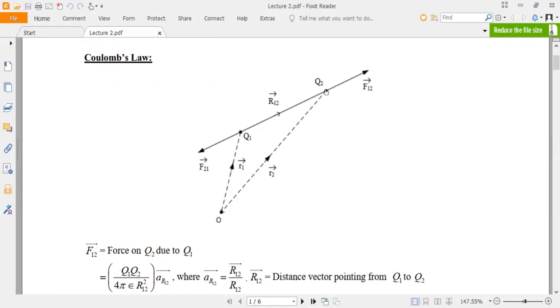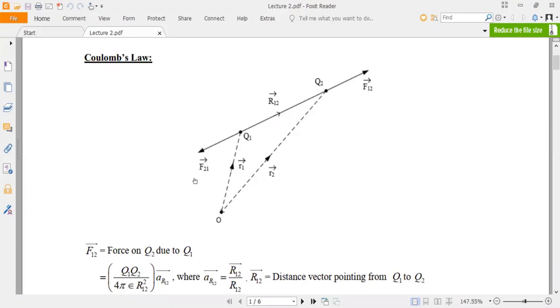So they will repel. This force F12 is trying to push your charge Q2 away, and similarly, the force F21 is also trying to push your charge Q1 away. So they are repelling: Q1 is going in this direction, Q2 is going in this direction.